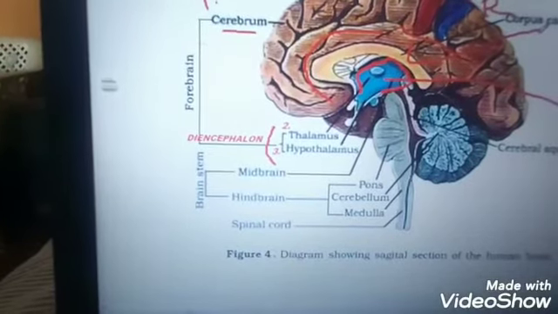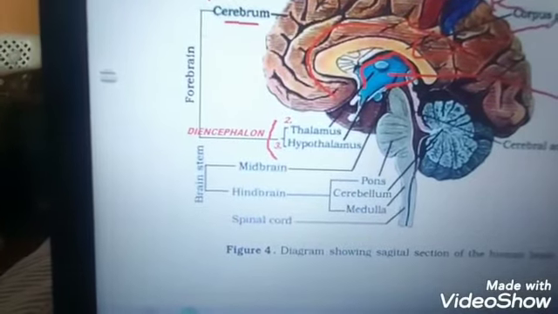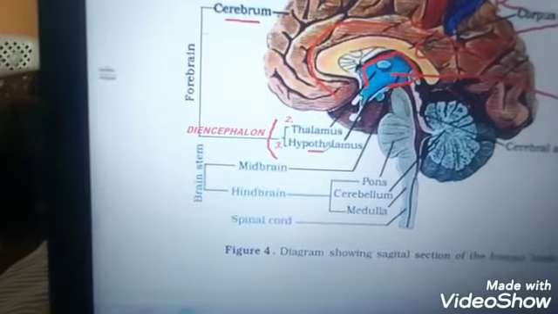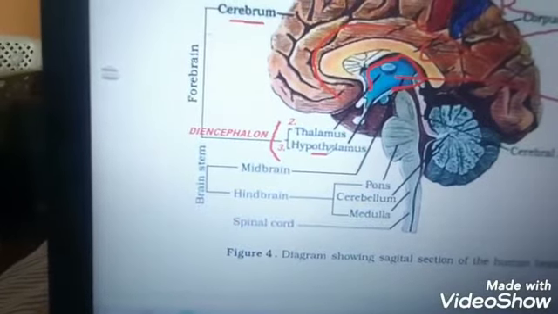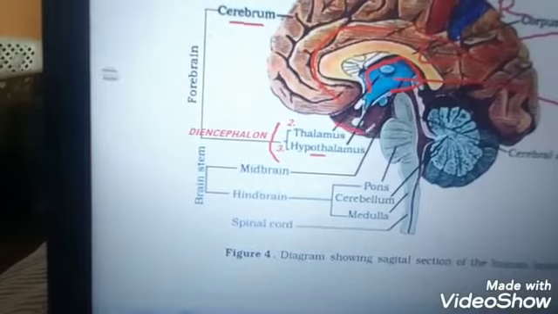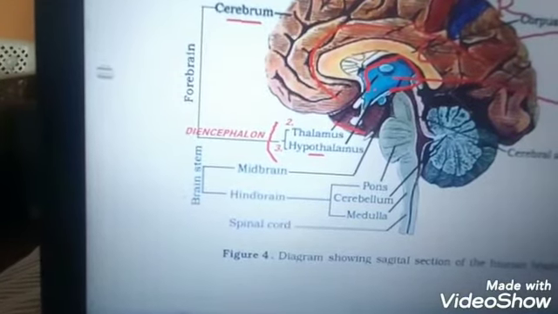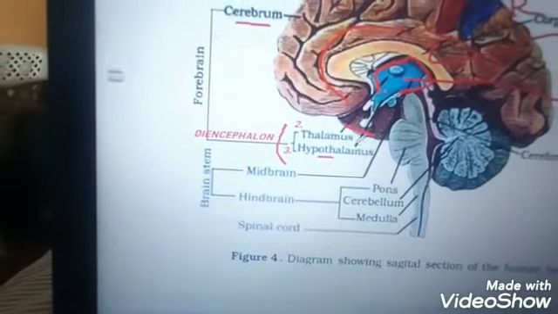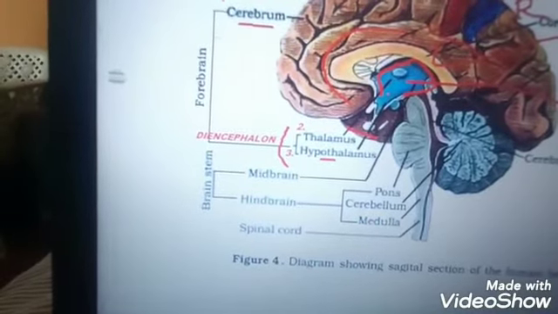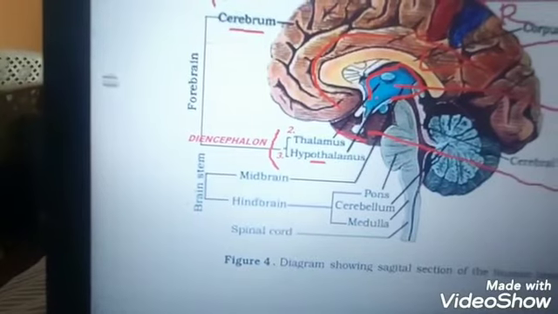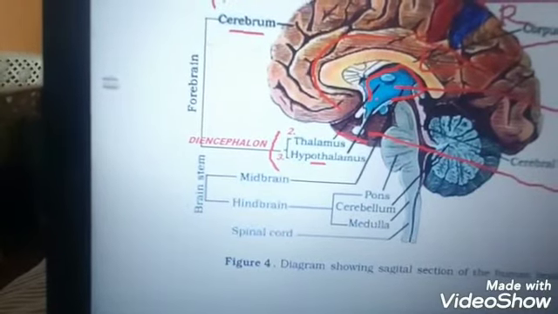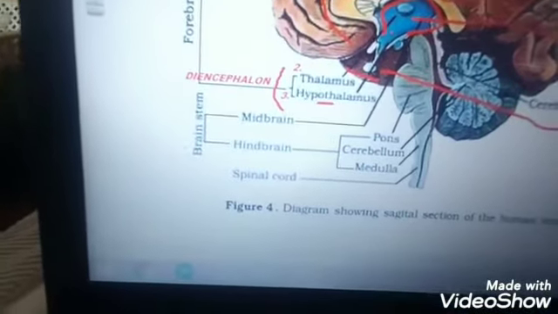The hypothalamus. Now we will be studying the hypothalamus. The hypothalamus lies at the base of the thalamus. It is the center which controls body temperature and urge for eating and drinking.